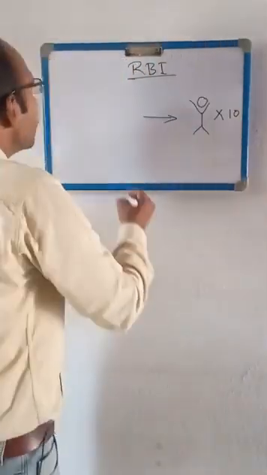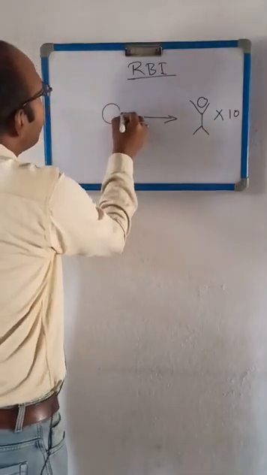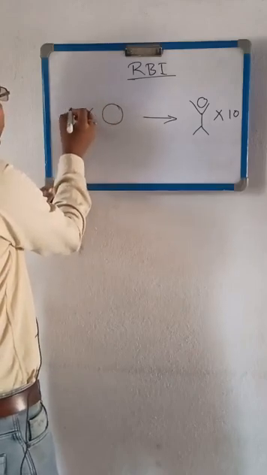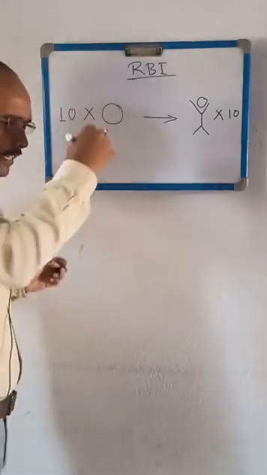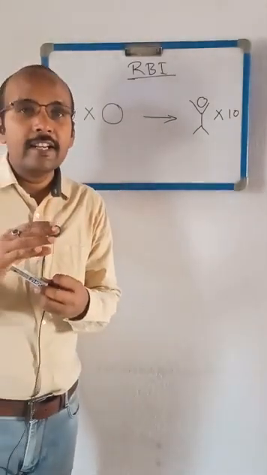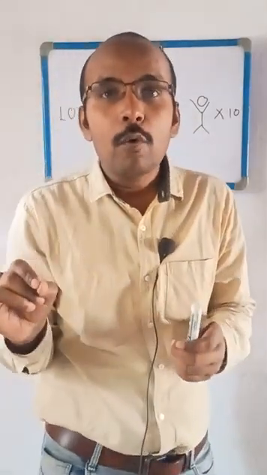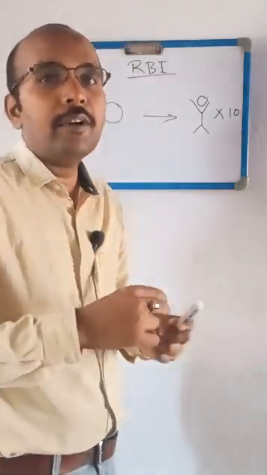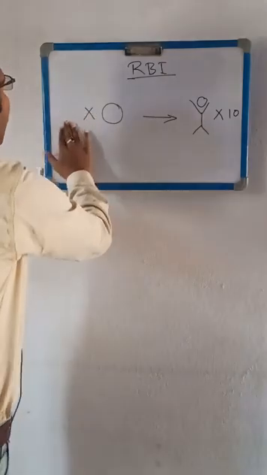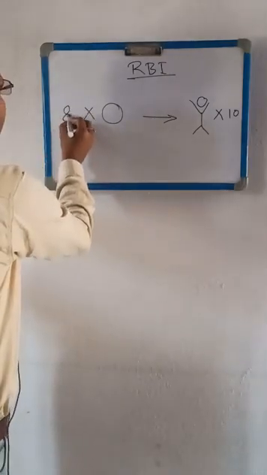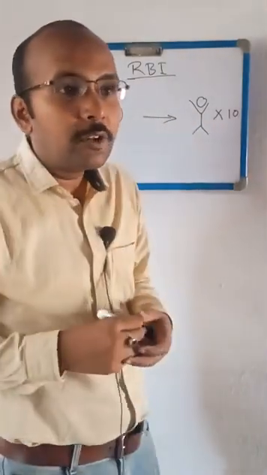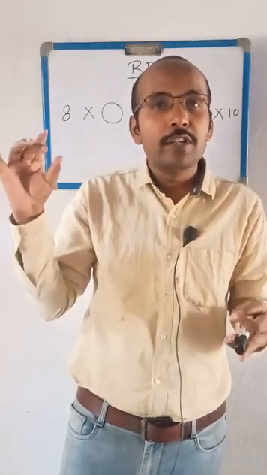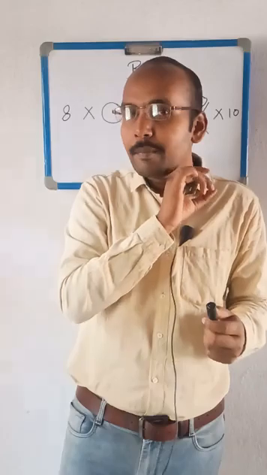If RBI creates 10 biscuits, the biscuits are enough for every one of the 10. But what if RBI creates 8 biscuits? Then the biscuits are not adequate for all persons. The biscuit supply is low compared to the demand.